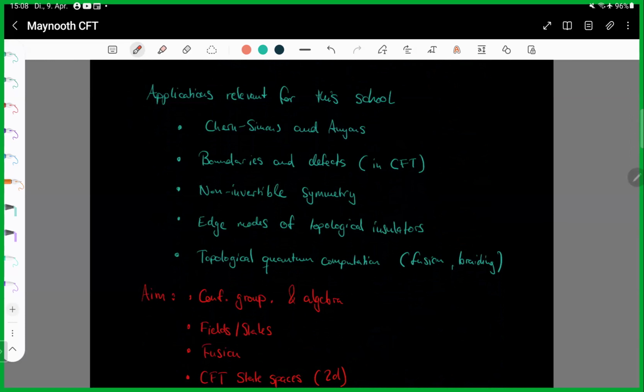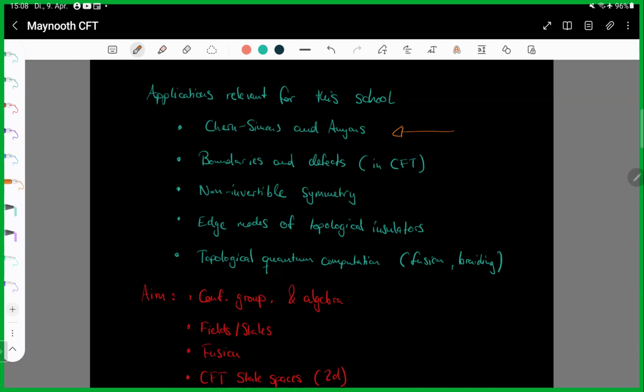But the school that we're about to embark on has many interesting topics, which are modern and which you should learn in their own right, because they're very interesting. And CFT plays a more or less important role in all of them. So for instance, Chern-Simons theory has a relation with conformal field theory.